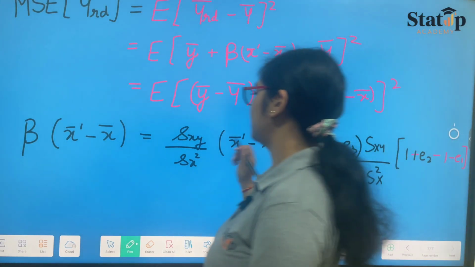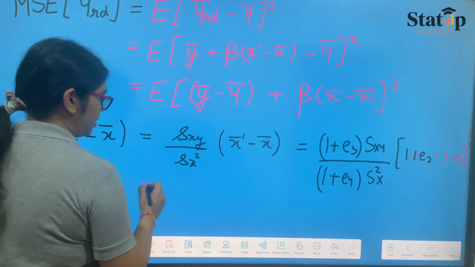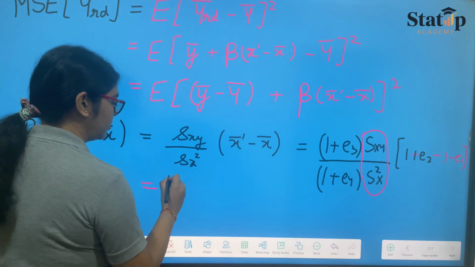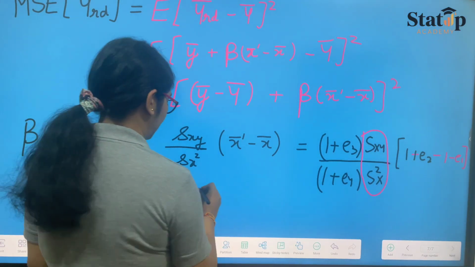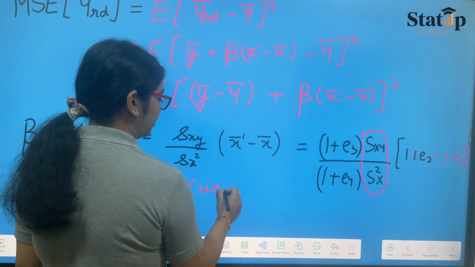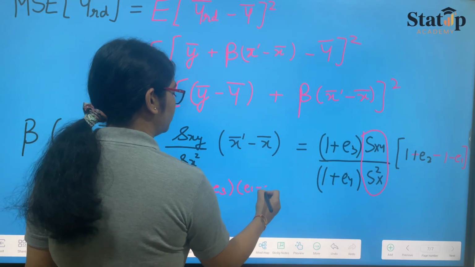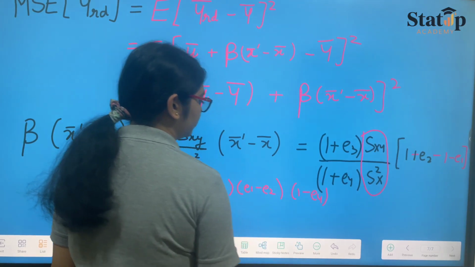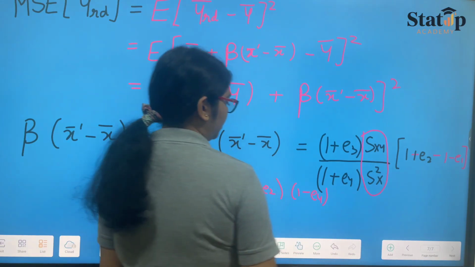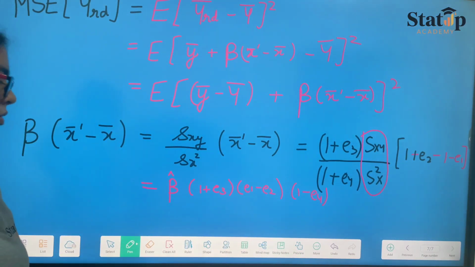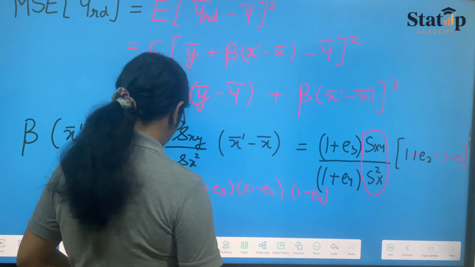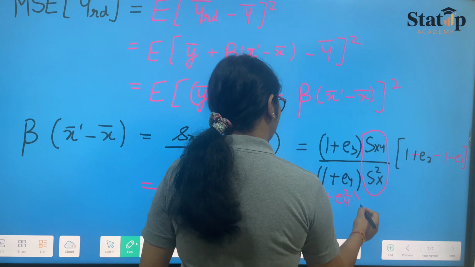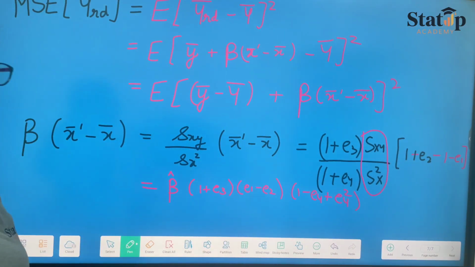Right? I have opened the bracket and we are left with sxy and sx square written as beta cap, and this further can be written as 1 plus e3 into e1 minus e2 into 1 minus e4. So we are taking up to the power 2, so we can also write plus e4 square, and after this all terms will be ignored because they are more than power 2.